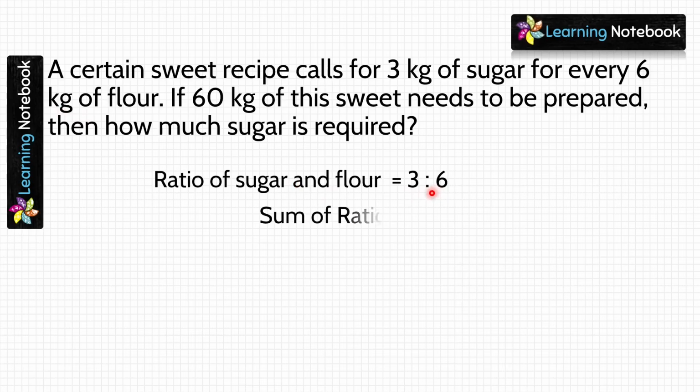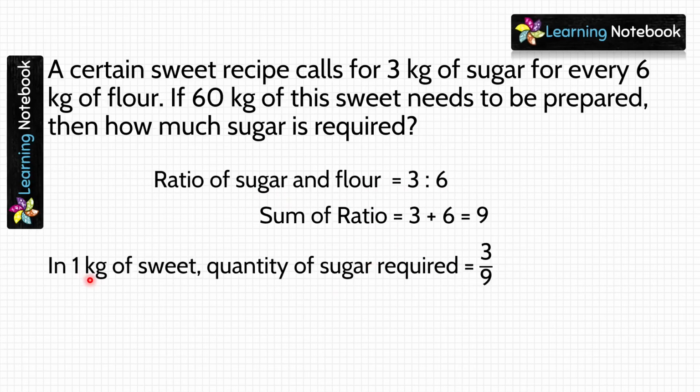Now the sum of this ratio is 3 plus 6 equals 9. This means to prepare 9 kg of sweets, we need 3 kg of sugar and 6 kg of flour. So students, to prepare 1 kg of sweet, the quantity of sugar required will be 3 by 9.